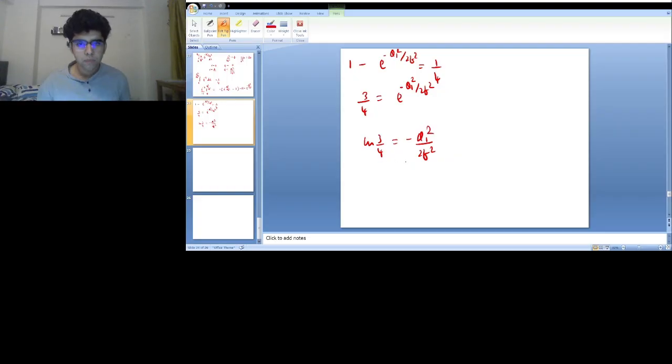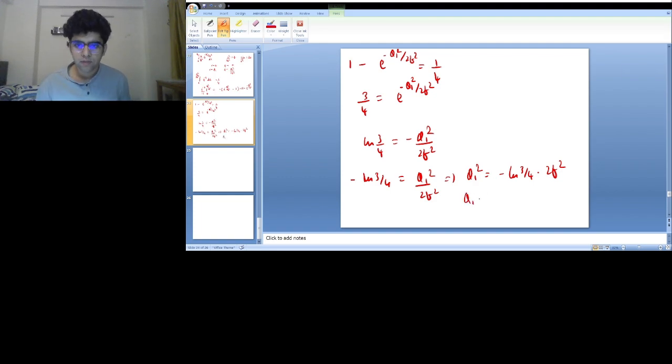Right, so this becomes minus ln 3 by 4 is equal to q1 square by 2b square, which implies q1 square is equal to minus ln 3 by 4 into 2b square.